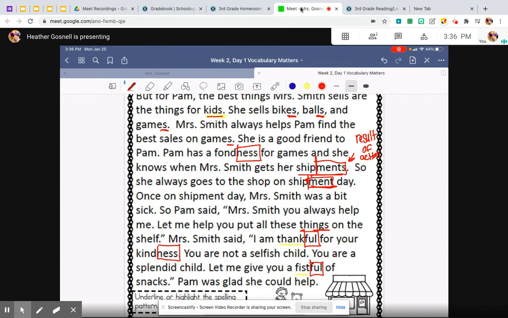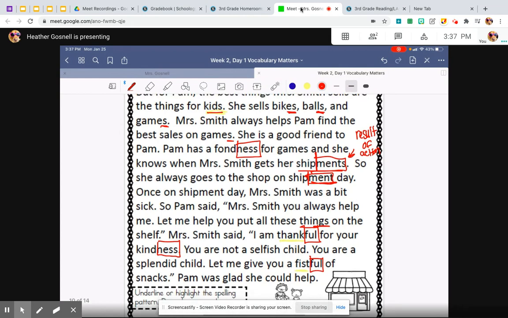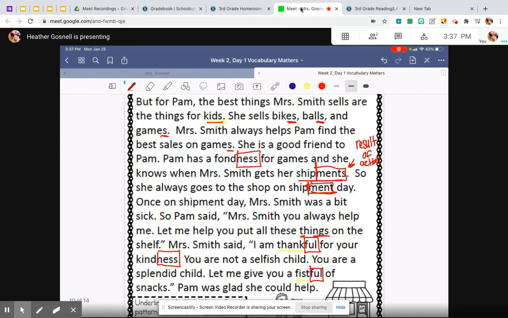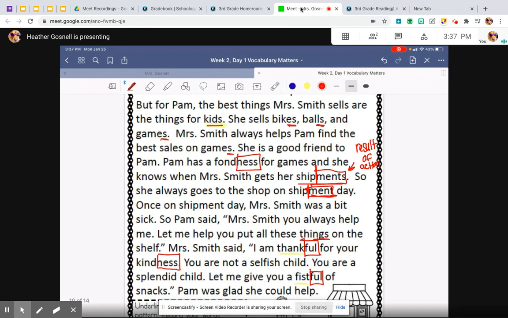So fondness means you are in the state of liking something. Kindness means you are in the state of being kind. Okay, thank you for your kindness. It's something that you can possess. Kindness, fondness. Let's see. Oh, there's that shipment.